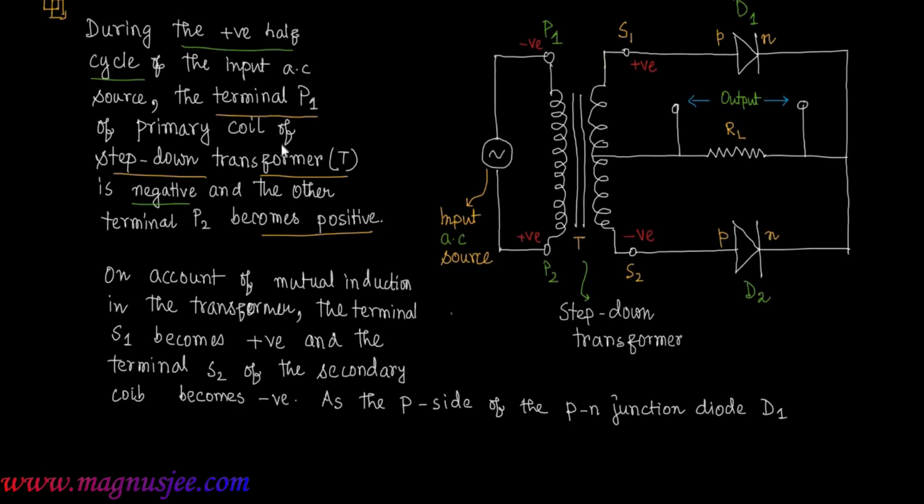As the P side of PN junction diode D1 is connected to the positive S1 terminal, the diode is forward biased.